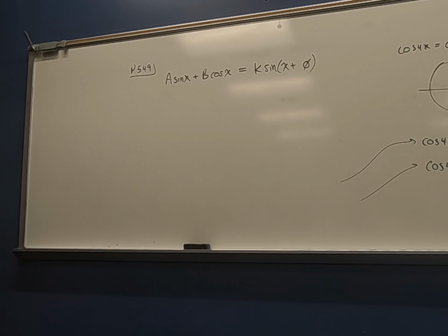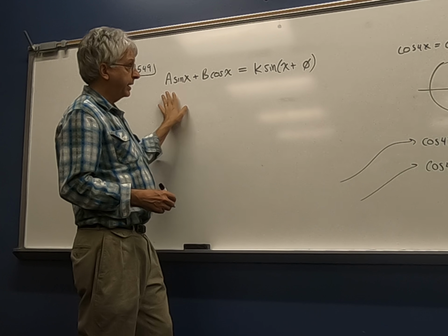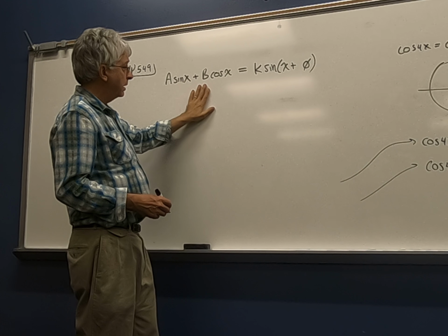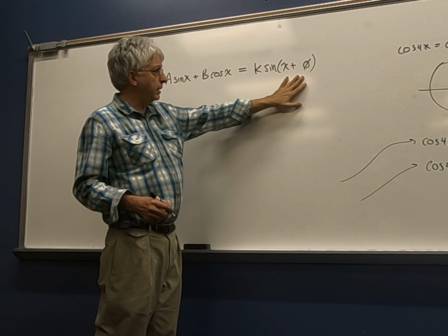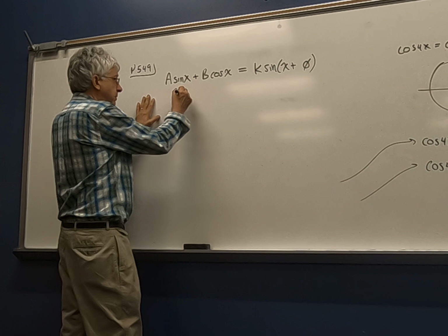So k and phi will be determined by A and B. x is a variable, and this is an identity that is true for all x. But for any particular A and B, we can produce a k and a phi so that this will always be true. And so here's the formula for k.